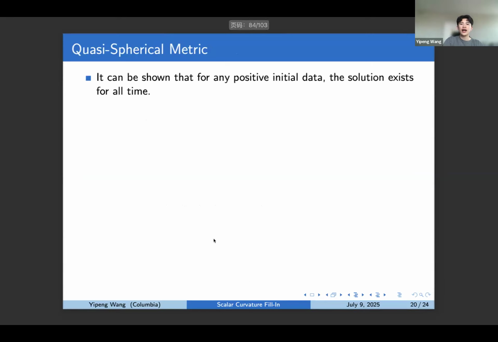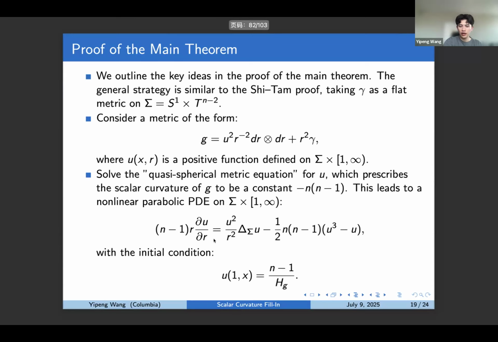What you can show is that if you start with any positive initial data, the solution will exist for all time. If you look back, our initial data is exactly given by n minus 1 over the mean curvature of a given filling that we are trying to have. In particular, this is the reason why we need this extra condition that the mean curvature be positive.